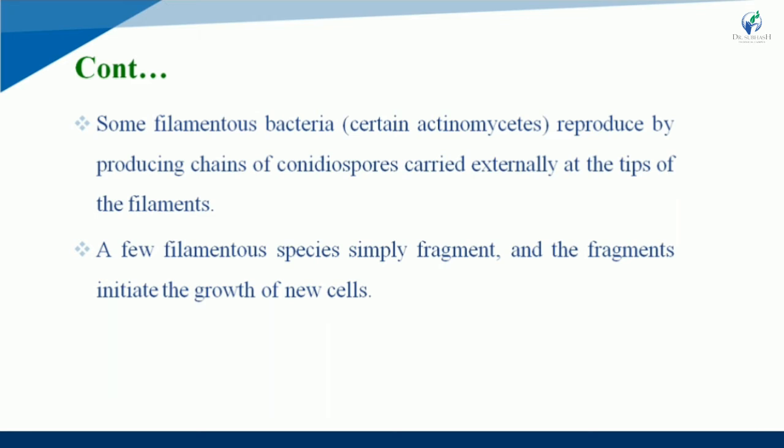Some filamentous bacteria reproduce by producing chains of conidiospores carried externally at the tips of filaments. An example is actinomycetes, which contain filaments. They reproduce by producing chains of conidiospores carried externally at the tips of the filaments.